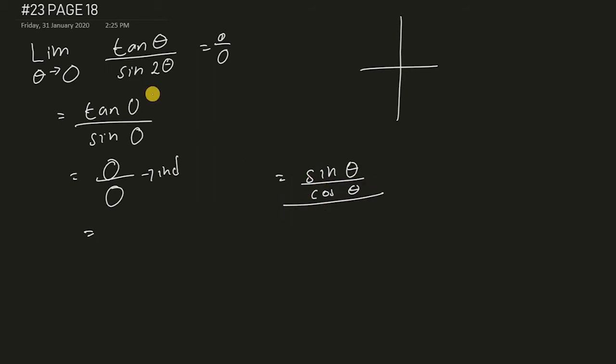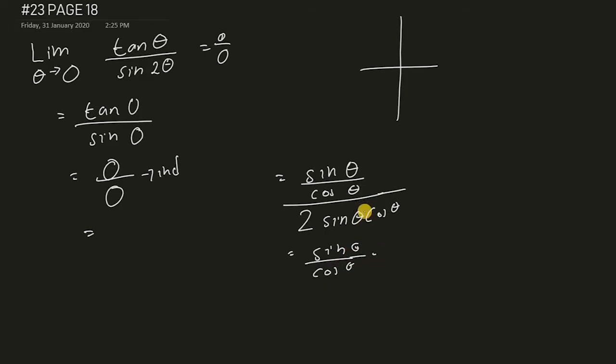Ngayon, itong sin 2 theta ko, I know that in the trigonometric identities, sin double theta is equal yan to 2 sin theta cosine theta. Now, I'll just cancel out things.